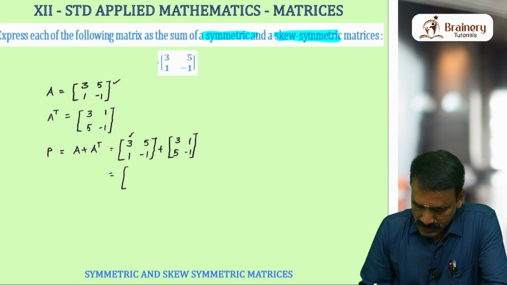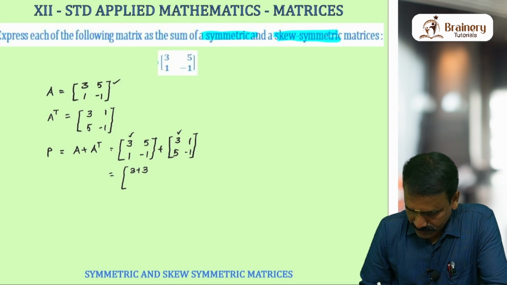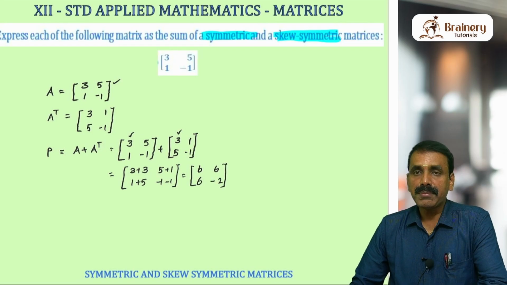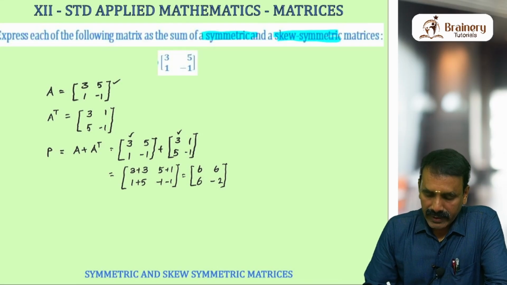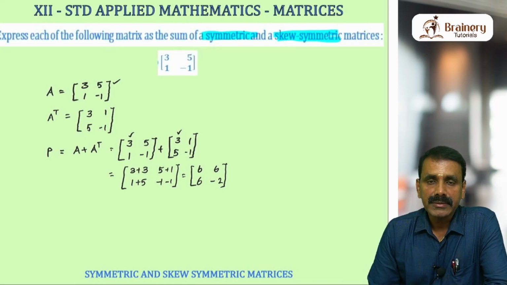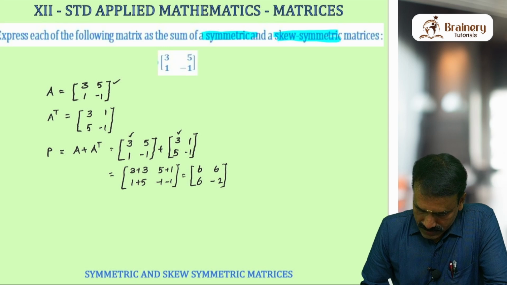So it is 3 plus 3, 5 plus 1, 1 plus 5, minus 1 minus 1, which is equal to 6, 6, 6, minus 2. So this is the P matrix. Definitely this P matrix is a symmetric matrix. Is it clear? So find P dash.